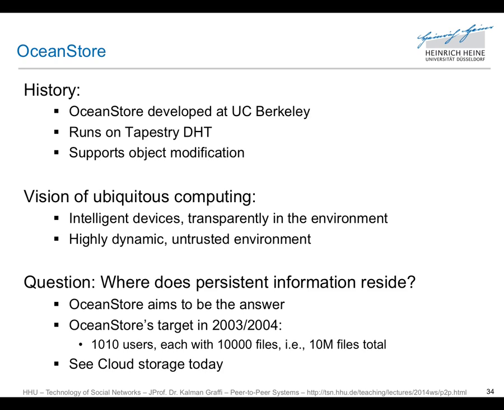What it was aimed at, thinking at that time, 2003, 2004, was that in the future we will have this Internet of Things, many intelligent devices that are everywhere and have to be connected, and they wanted persistent information storage for all these small devices that were slowly coming.